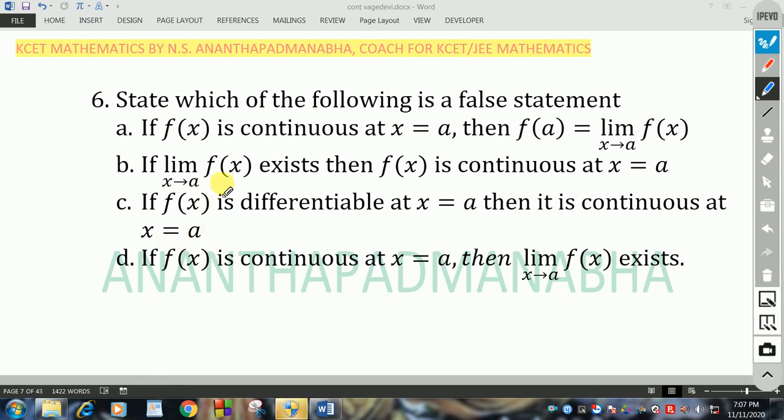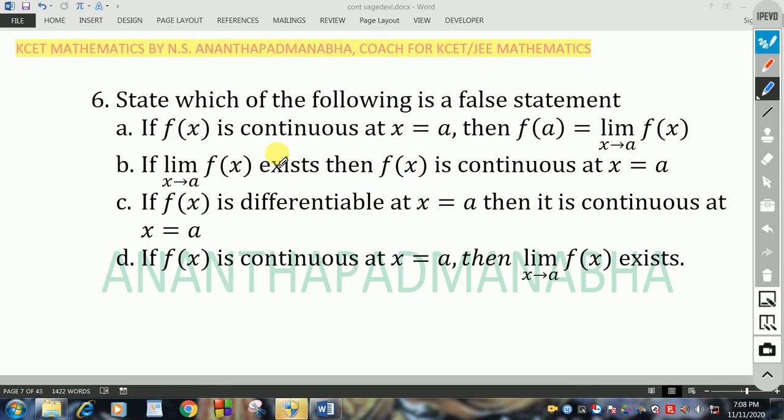If limit of f of x as x tends to a exists, then f of x is continuous at x is equal to a. So we cannot say this because I have discussed with you 3 types of discontinuity. If limit of f of x as x tends to a exists, but it is not equal to f of a, then it is a removable discontinuity.